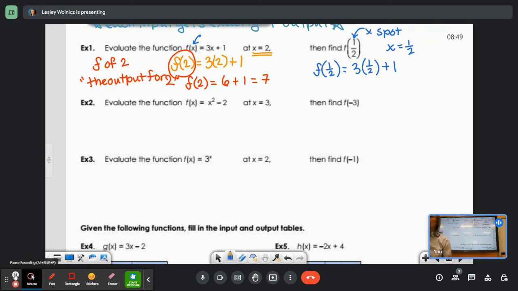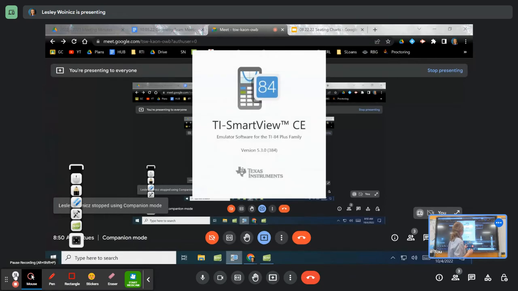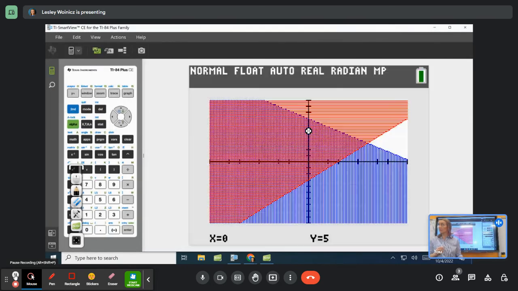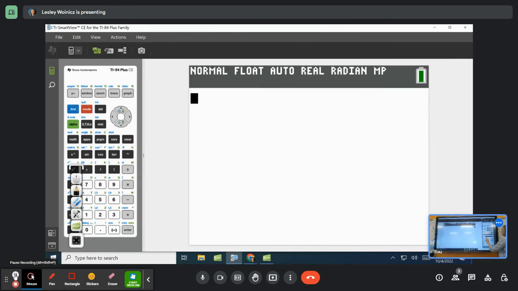So you're going to do 3 times, open parentheses, 1 divided by 2, close them, plus 1.